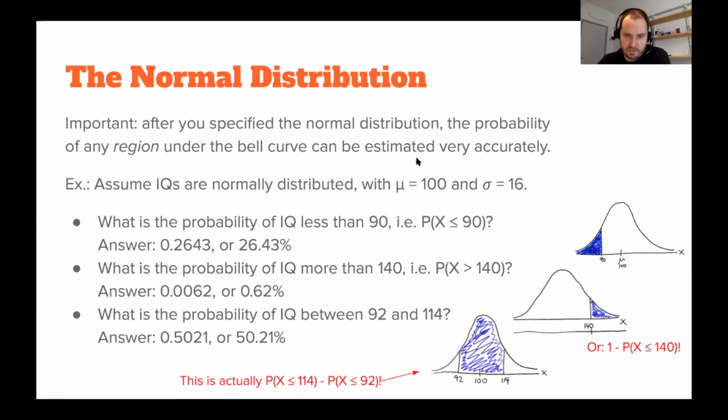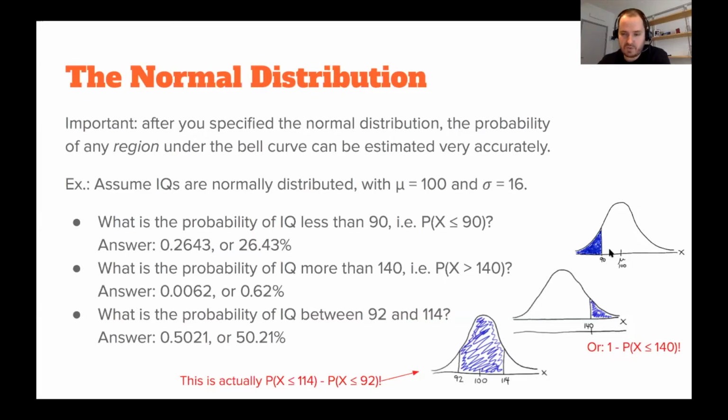So for example, let's use this example here: assume that IQs are normally distributed. So this is the distribution of IQ. There are a lot of people with average IQ around 100, and the standard deviation of this curve is 16.